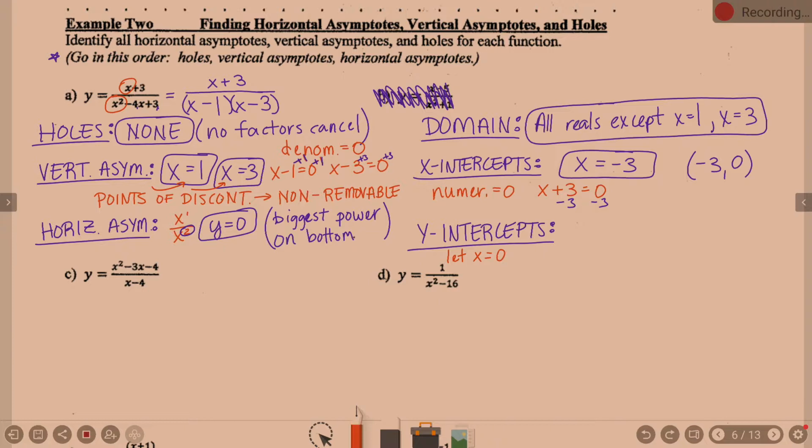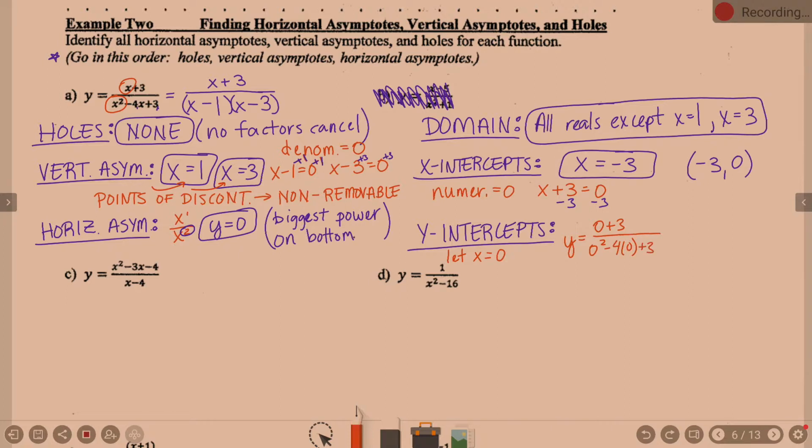You can either use the original equation, put 0 in for x here, or you can use the factored equation. Whatever makes you happy. So if I do this, it's y equals 0 plus 3 over 0 squared minus 4 times 0 plus 3.